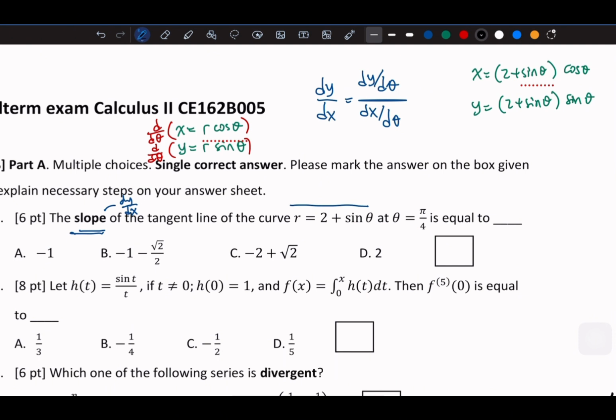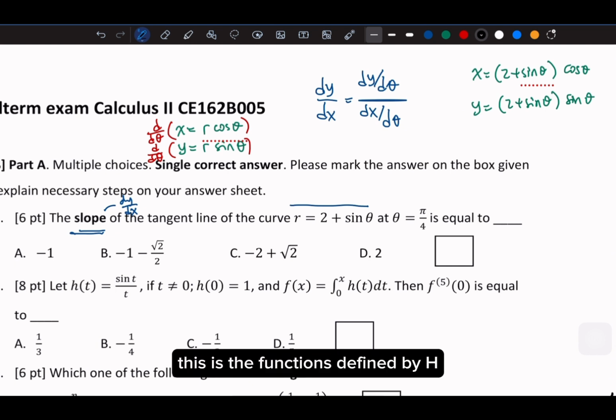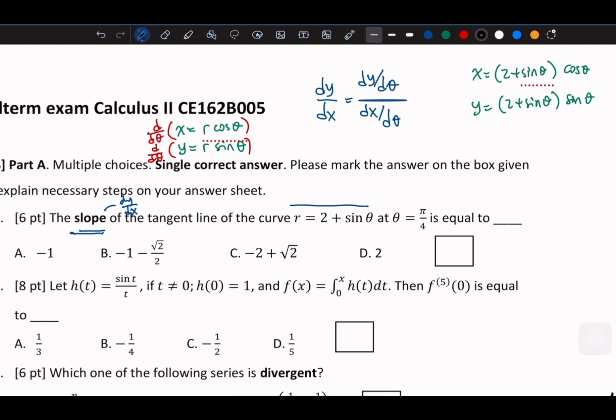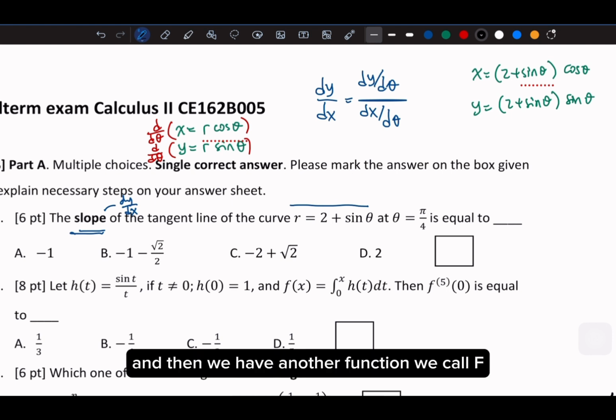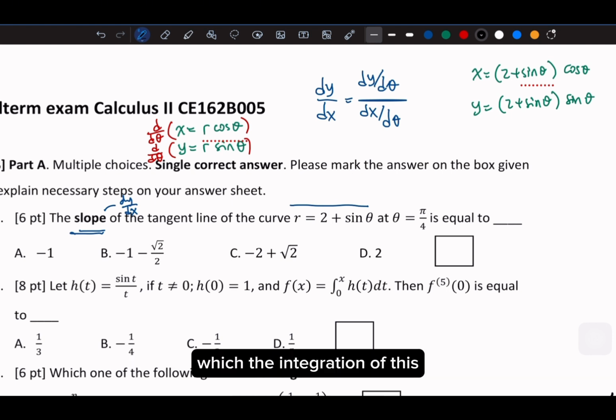Number two, this is the function defined by h. We have sine t over t if t is not 0, and h at 0 equals 1. And then we have another function we call f, which is the integration of this h from 0 to x.